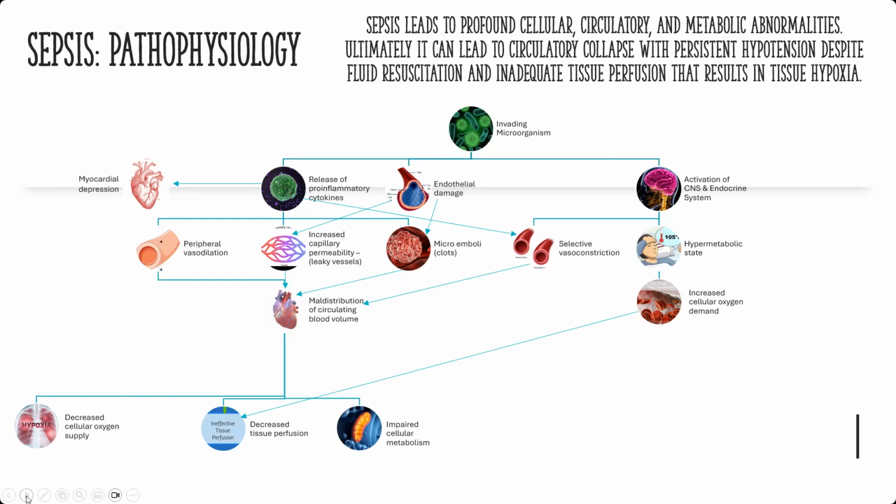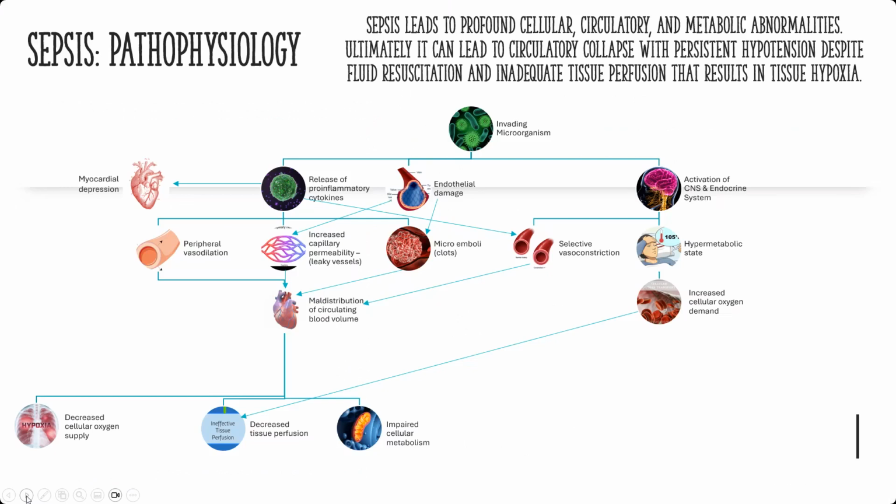So the patient's going to get hypoxic. The cells are going to get hypoxic. And when the cells get hypoxic, we're going to develop lactic acid, which we're going to talk about in a little bit. But all of this is going to increase our oxygen demand with very little supply.